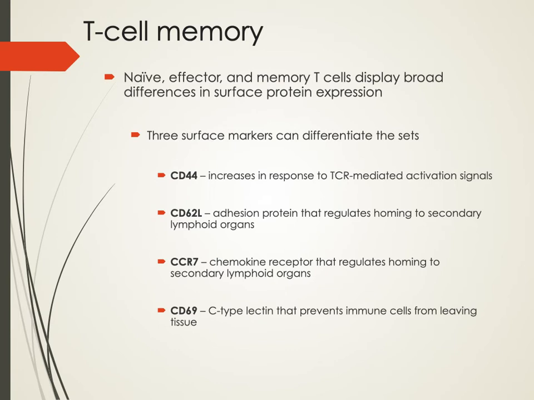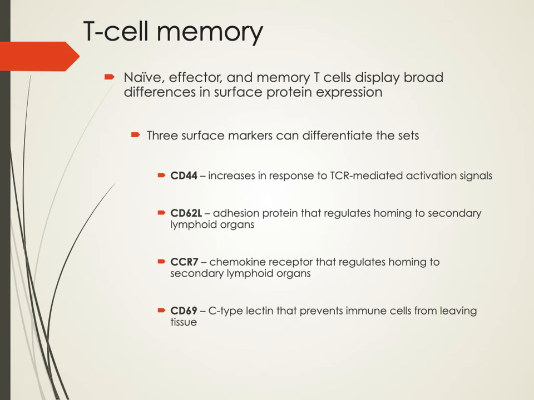CD44 is one of those, and we talked about that as an adherence marker. We also have CD62L, another adhesion molecule that actually homes the cell back into the secondary lymphoid organ. Keep in mind that these T cells can go out into circulation, but they come back to a lymph node. They go out and they come back.